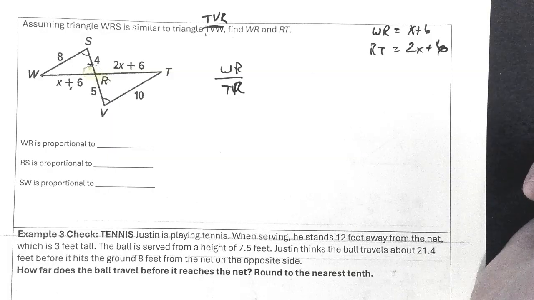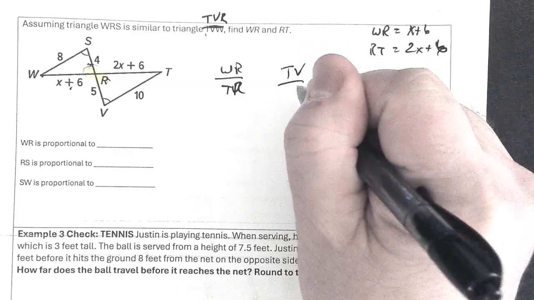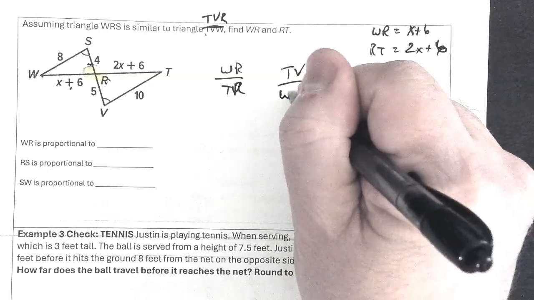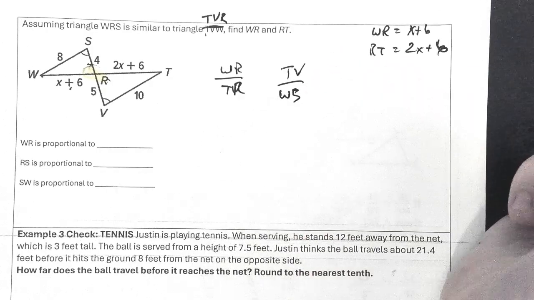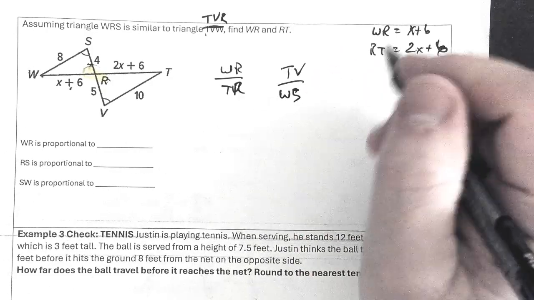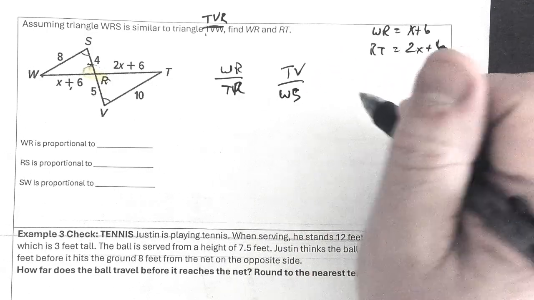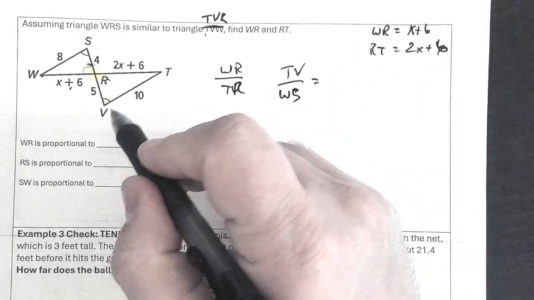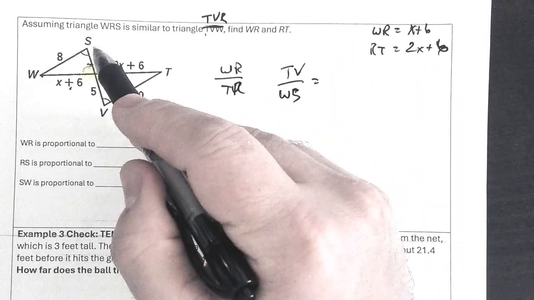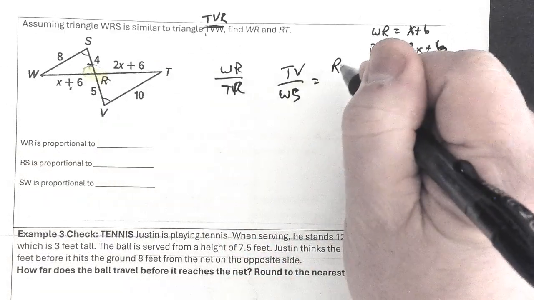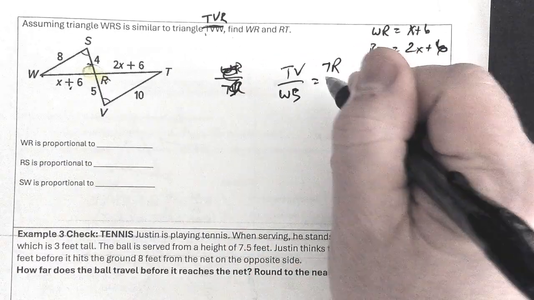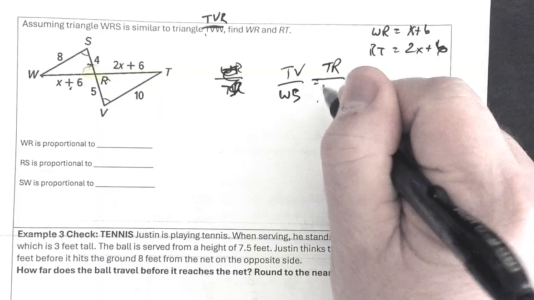All right, let's see. We have TV, WS. I'm sorry, WS. And it's TV, WS, TR. So let me just rewrite this over here. TR, WR.